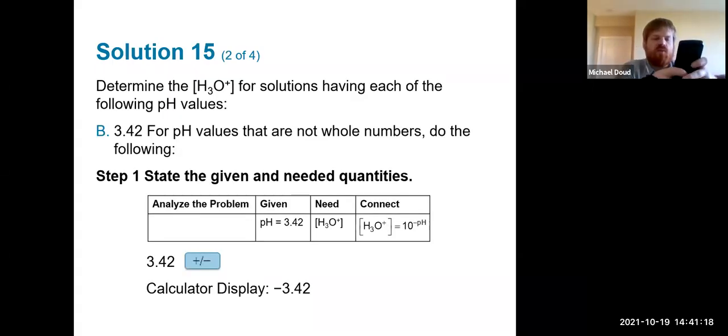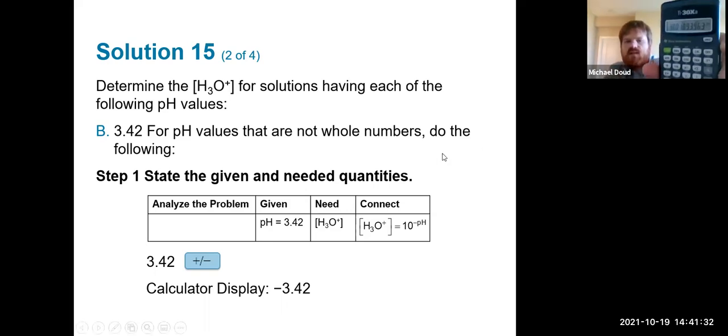Now, in this case, though, this is what I was talking about. So you take 3.42 and make it negative. So it's negative 3.42. Then press your anti-log or 10 to the X button and make sure it shows up in scientific notation.